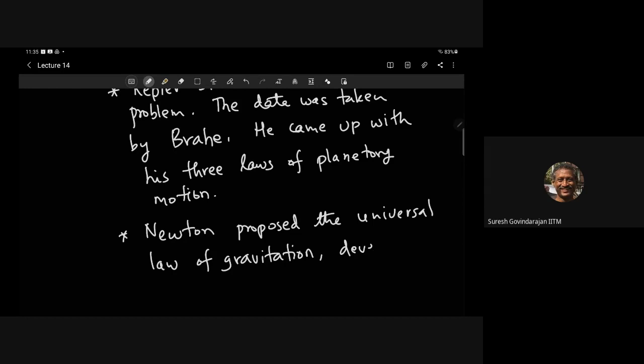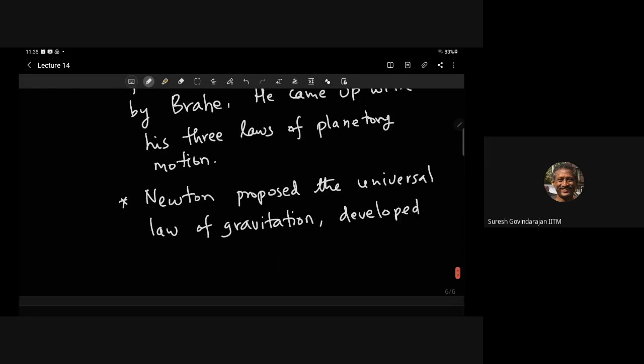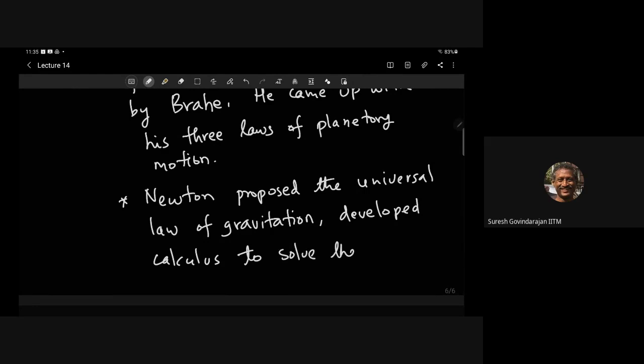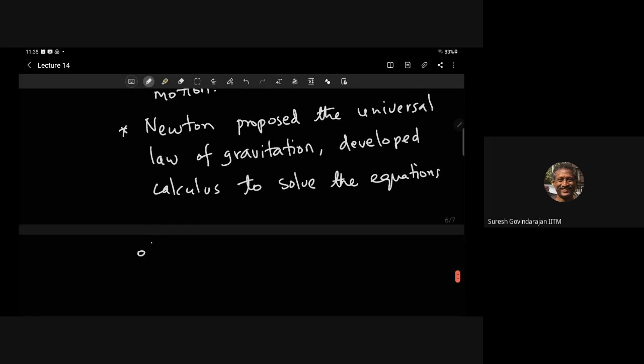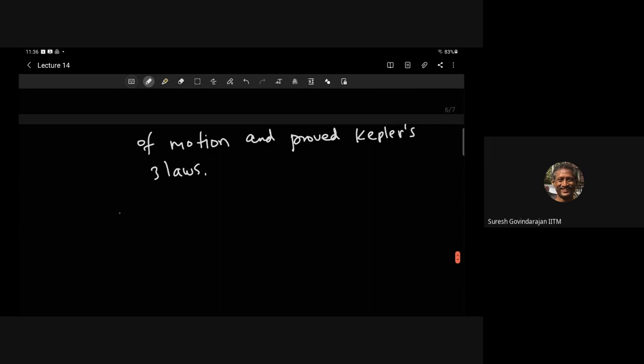Developed calculus to solve the equations of motion. And proved Kepler's 3 laws. I guess all of you know this, right? Okay. So these are the things which you would know.